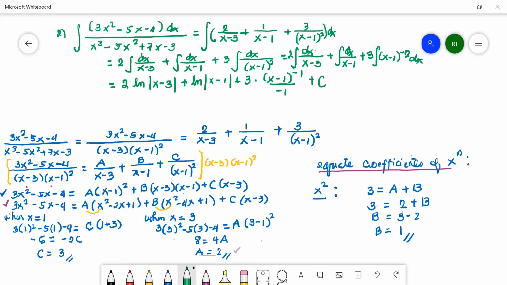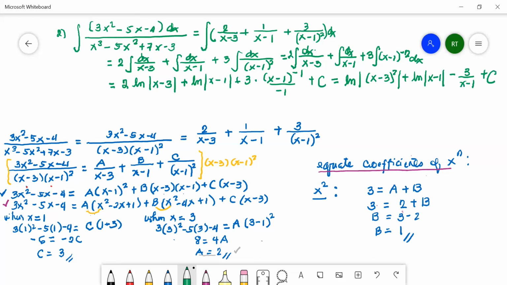And if we will simplify the integral, the first one, 2 times the natural logarithm of x minus 3 can also be written as natural logarithm of x minus 3 raised to the second power, okay, by using the third law of logarithm, plus the natural logarithm of x minus 1, okay, and simplifying 3 times the quantity x minus 1 raised to negative 1 over negative 1 will give us minus 3 over x minus 1 plus the constant of integration.